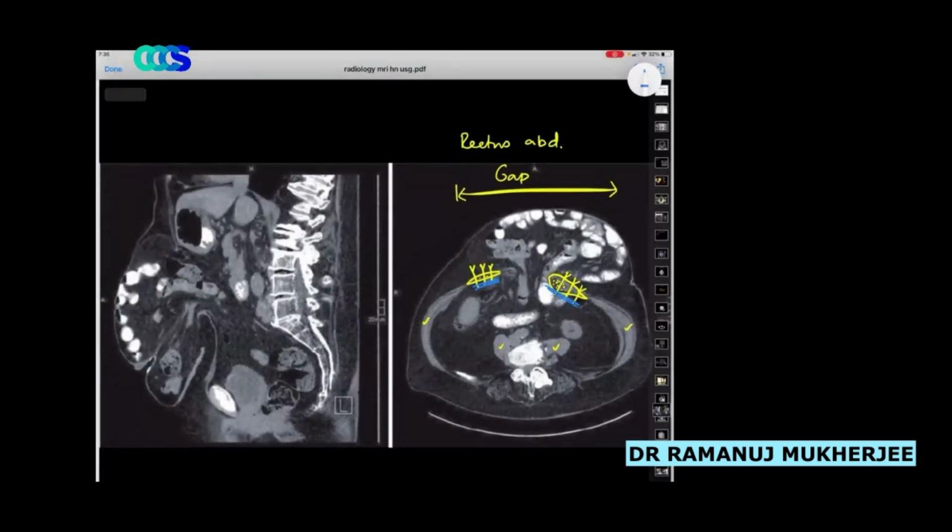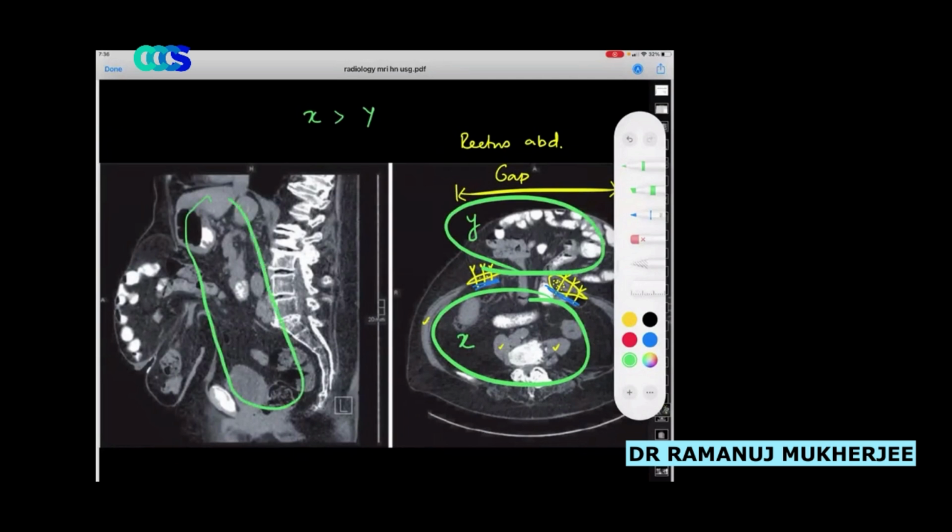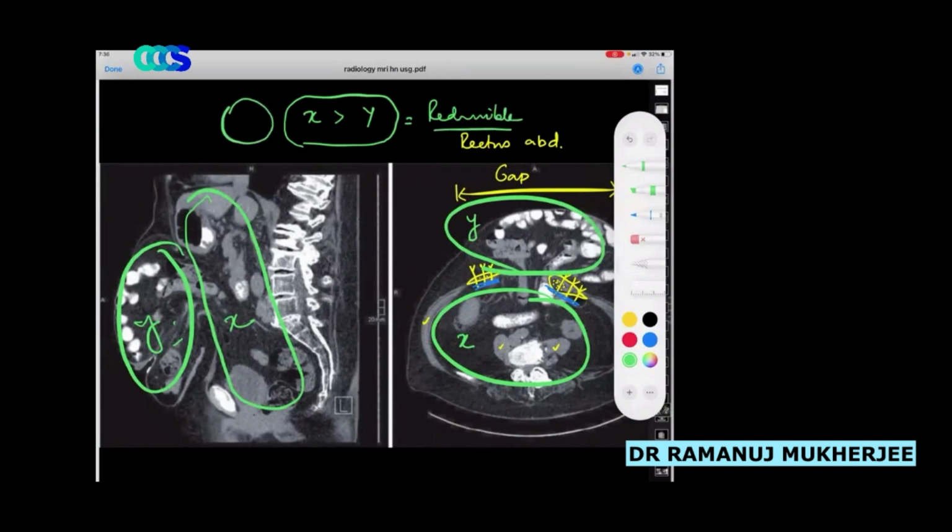However, there is another side of the story. See the amount of the bowel that is in the peritoneal cavity with bowel that is outside the peritoneal cavity. If this volume is X and this volume is Y, X should be greater than Y if it is a reducible hernia and you are expecting a good outcome.